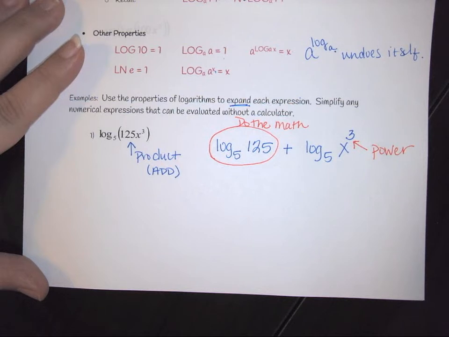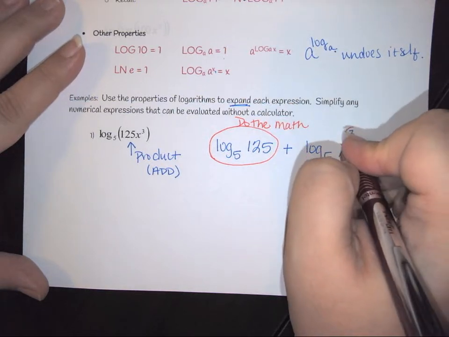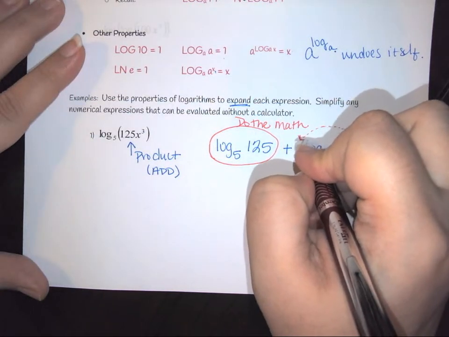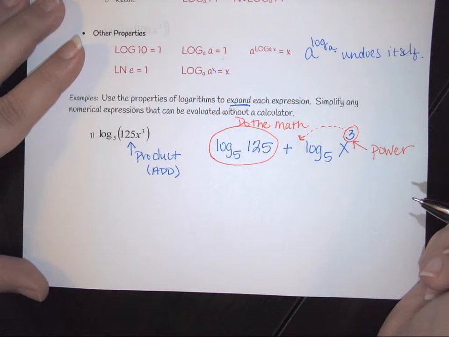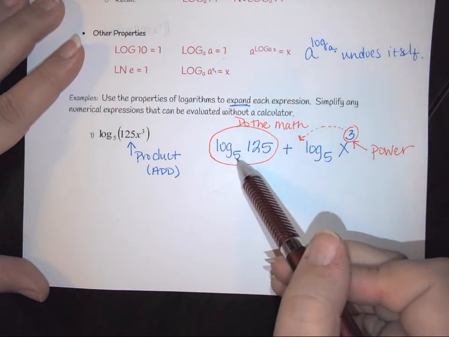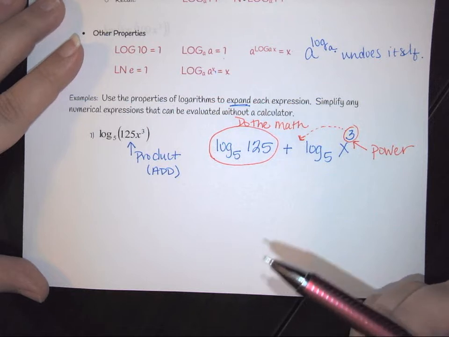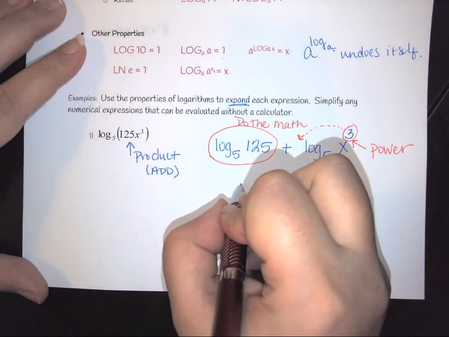So the power rule says that the power has to come down in front. So this right here has to move down in front through multiplication. So first things first, I have 5 to the something has to give me 125. Well, that is going to reduce to 3.